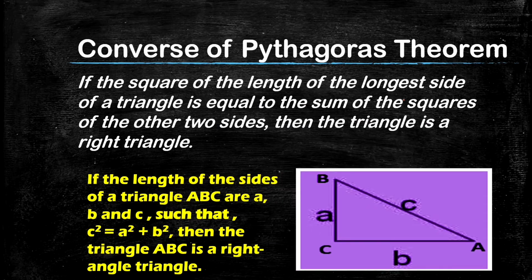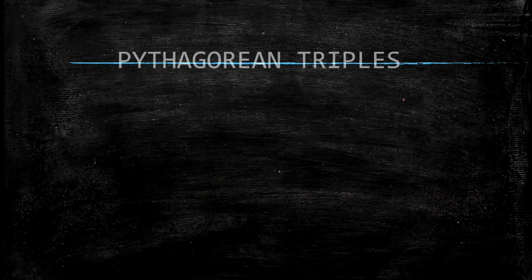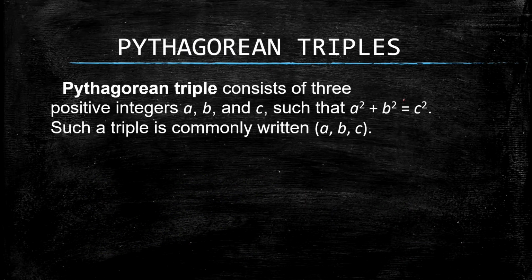Now let's understand what a Pythagorean triple is. A Pythagorean triple is nothing but a combination of three positive integers such that the square of the largest one is equal to the sum of the squares of the other two integers. For example, let's take 3, 4 and 5. Let's check if it is a Pythagorean triple.